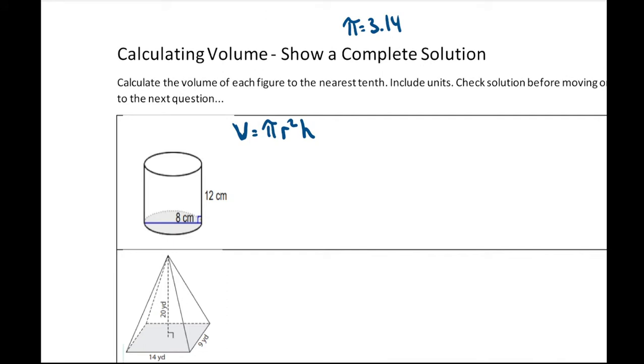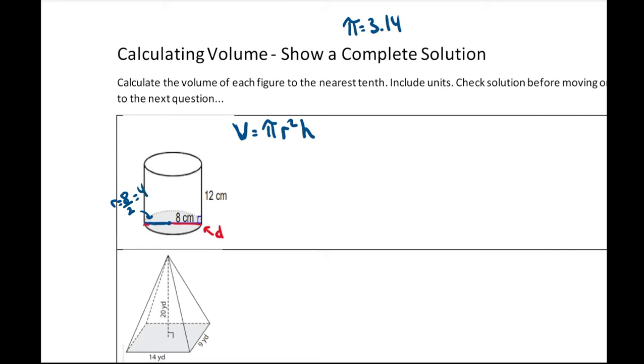So here, we're not given the radius. This measurement here, this is the diameter. I want the radius. So the radius is actually half of the diameter. So r would equal 8 divided by 2, which is 4.